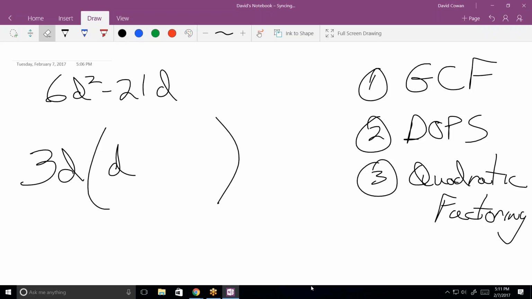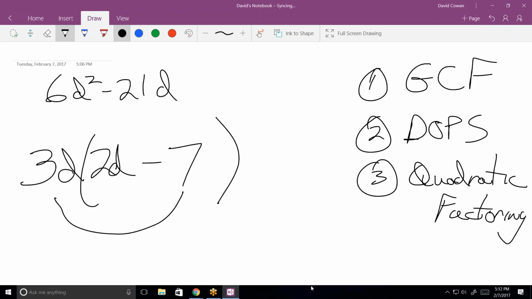In other words, when you make mistakes, you want to catch them immediately. You don't want to finish the problem and then go back and check. You want to be checking, always be checking. So this can't be D. What does it have to be? 2d. Correct. And the rest of it? Minus what? And then always be checking.